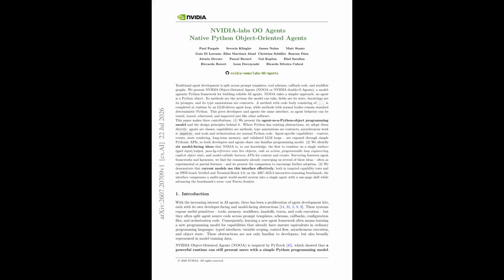The docstring becomes the prompt, the arguments become inputs, and the return annotation becomes the validation contract. So the ellipsis is really just a syntactic marker that the developer wants this method's behavior filled in by the model.